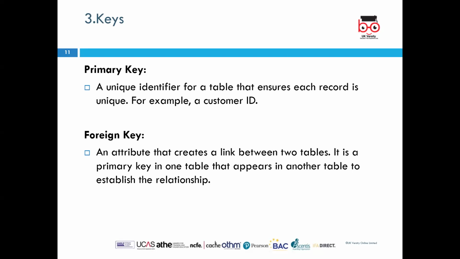Inside this, we now have attributes such as name, last name, address, email, home address, email address, or even card details. Foreign keys are an attribute that creates a link between two tables. It is a primary key in one table that appears in another table to establish the relationship.